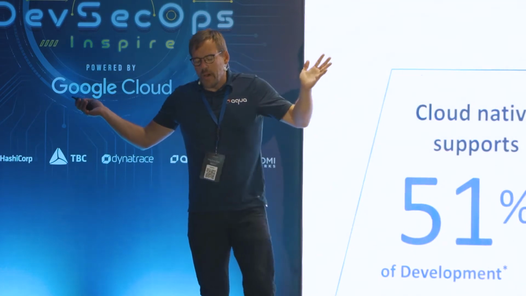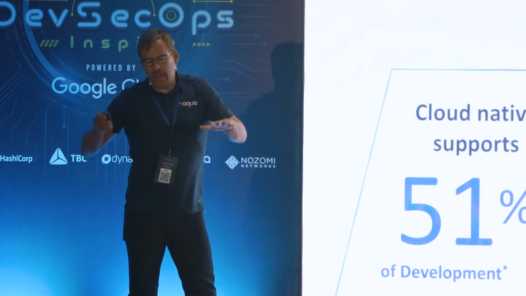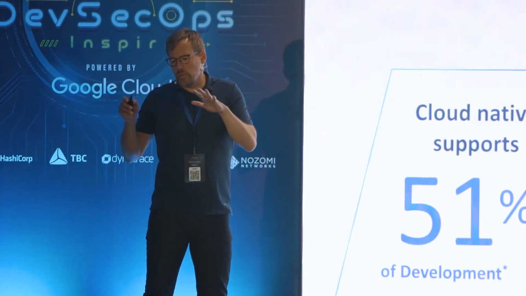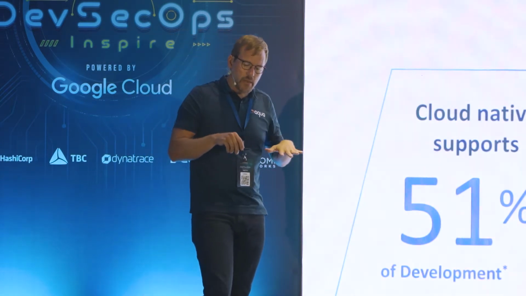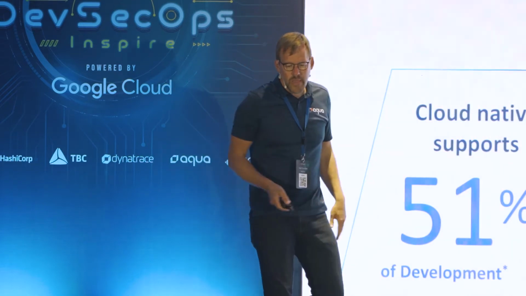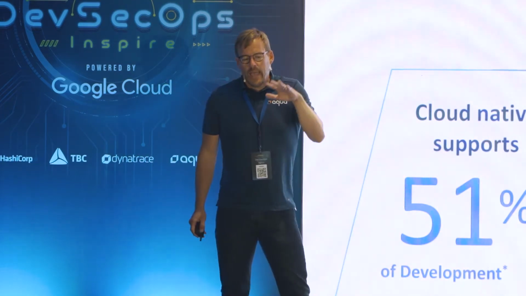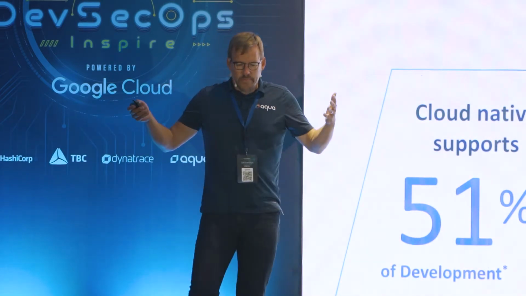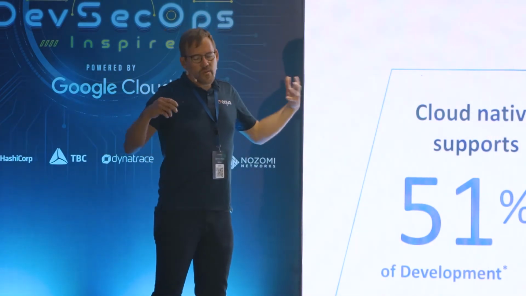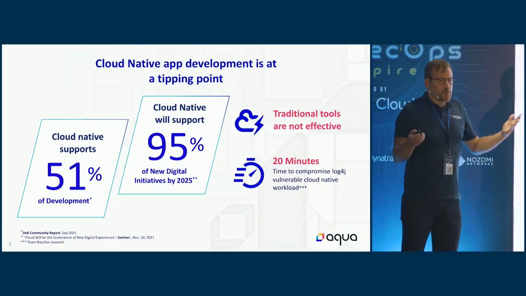We all have learned about Log4j, but there are tons of other attacks that apply to the container world, maybe not to the container technology, but to the applications that are running there. So if you run cloud native on Linux systems, you're now in the focus of attackers.